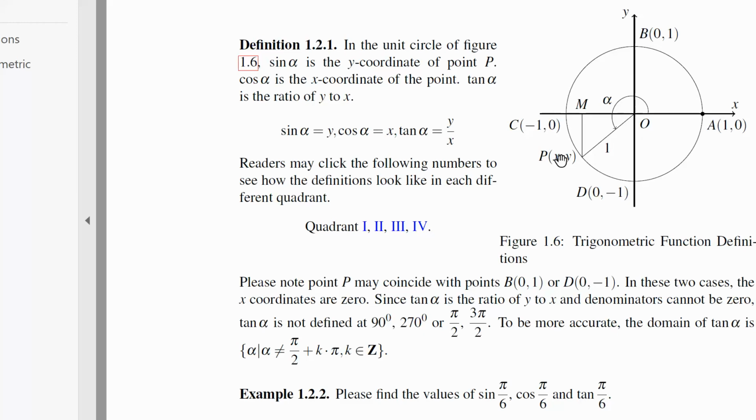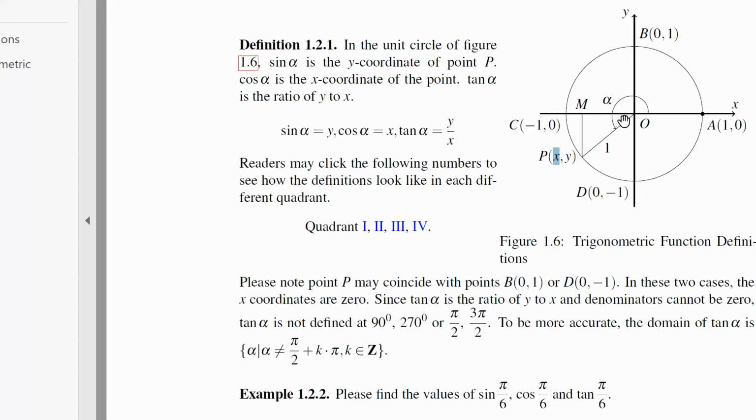And in this case, we know the x coordinate, which is what? Which is negative. You see, this is O, and from here to the left, this part, OM, the x coordinate is negative. Since the x coordinate is defined as cosine alpha, and 250 is in quadrant 3, then we know cosine 250 degrees will be negative.